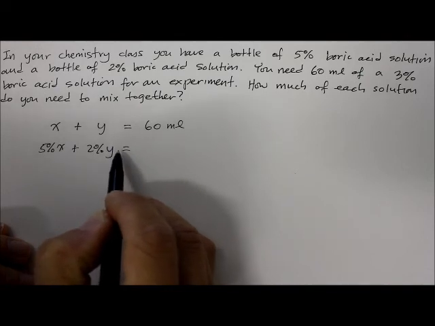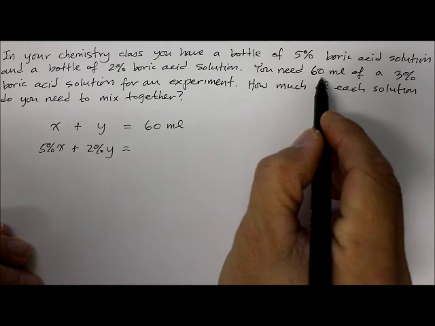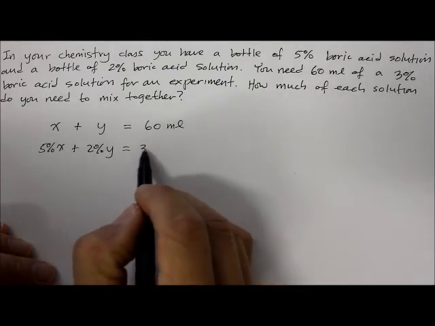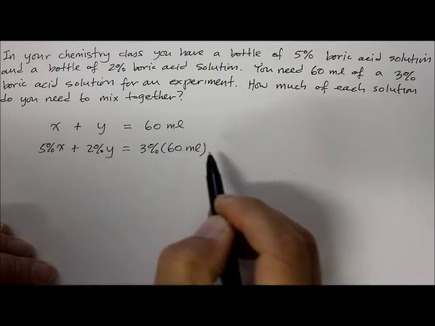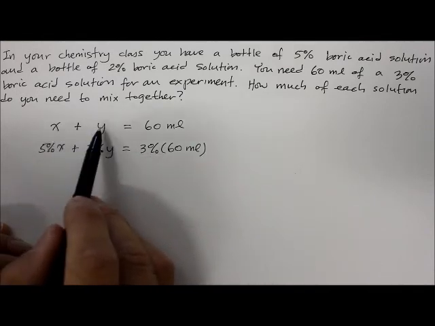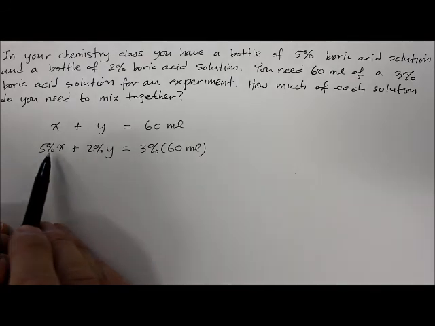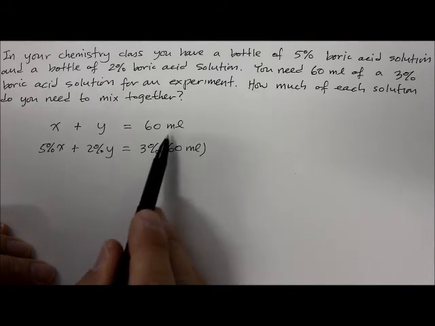And together, we do know what the mixture should be is 60 milliliters, and of that, 3%. So 3% of the 60 milliliters. You see the way it's set up? The top is the total volume of solutions, and the bottom represents all the portions in which is an acid solution. And so we end up with the two linear equations.